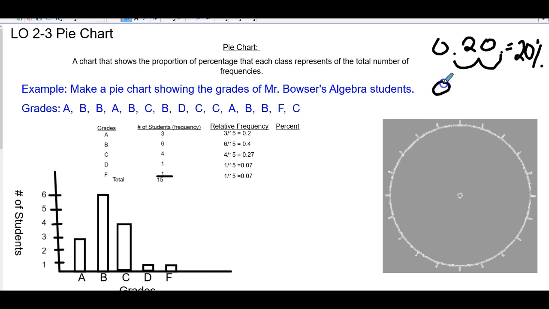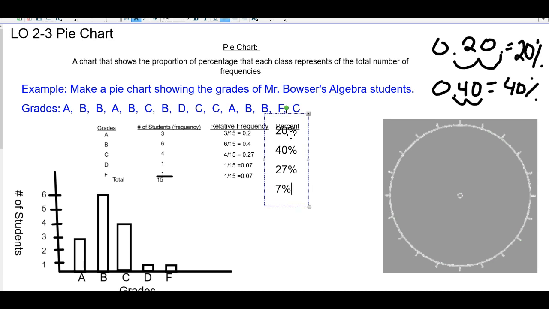And if we do the same for the 0.4, we move the decimal place 2 places, and that's 40%. It is as easy as that. So let's go over here and put our percents in. 40%, we have 27%, 7%, and 7%. Close enough.